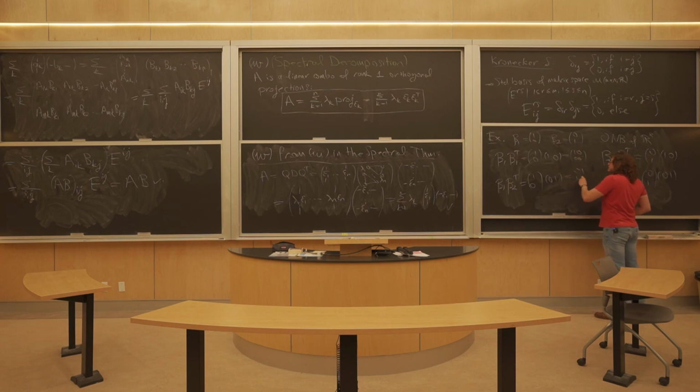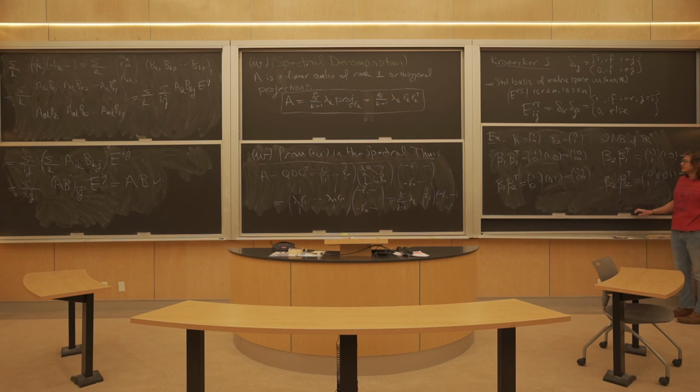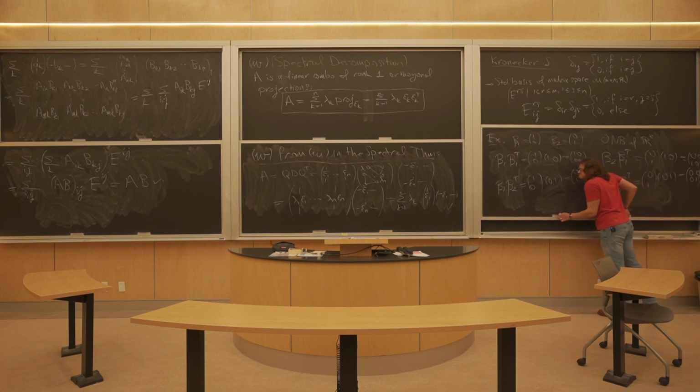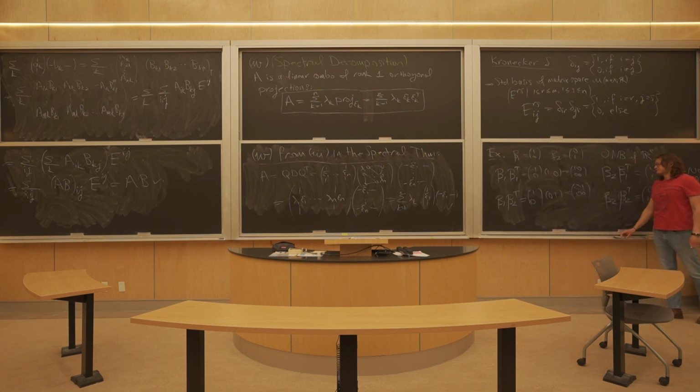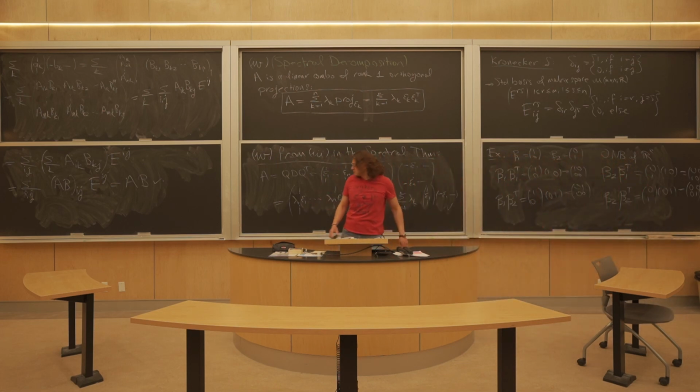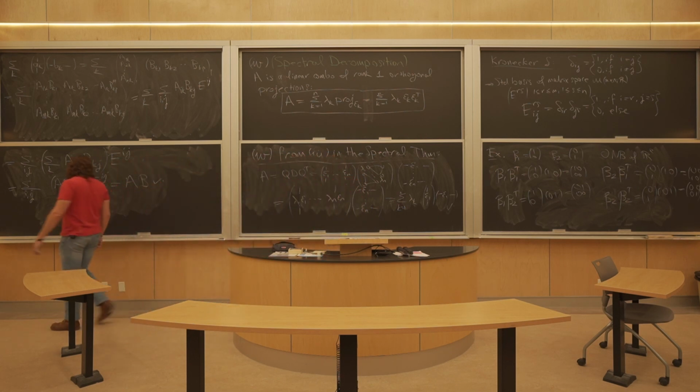This is going to give you 0, 1, 0, 0. This is going to give you 0, 0, 1, 0. This is going to give you 0, 0, 0, 1. Okay? Incidentally, these are the basis matrices that I wrote over there. So this is E11 and so on. Okay? Any questions about this mumbo jumbo? It's not significant, of course, but ultimately, index management is an important thing to be able to do.